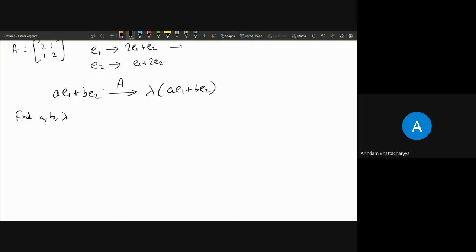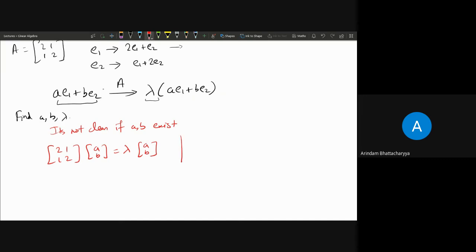I want a combination which gets multiplied by a constant. It's not even clear if such A, B exist, but let's assume they exist and try to find them. So say the matrix 2 1 1 2 times (A, B) is equal to lambda times (A, B).